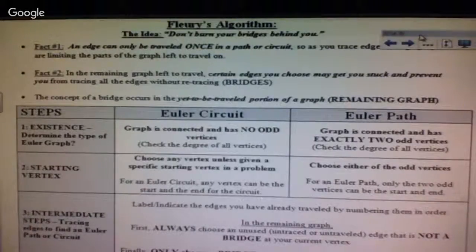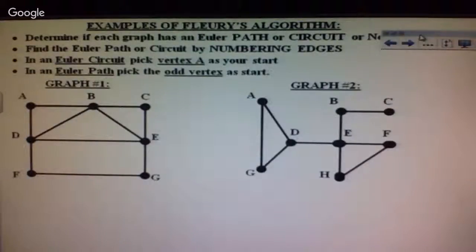Okay. So you have 11 problems for homework, the rest of this packet. First thing, tell me: path, circuit, or neither. Then create your path or circuit by numbering your edges like we just did. If it's a circuit, they want you to start and end at A. So they're telling you you have to start and end at A. If it's a path, pick one odd vertex to start at and one odd vertex to end at.